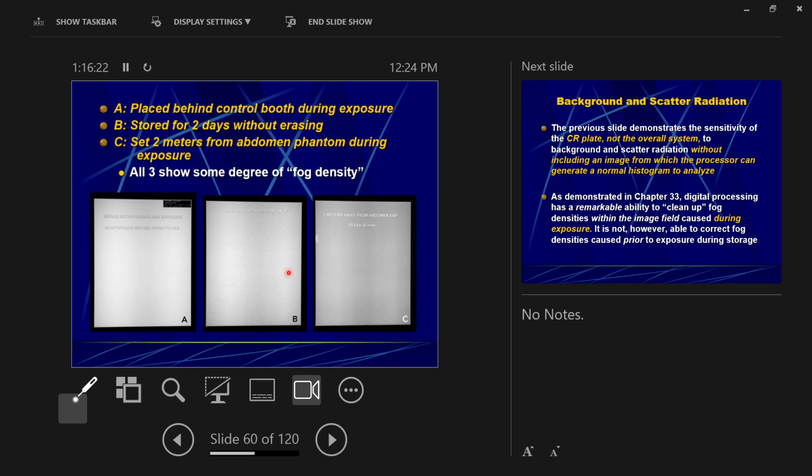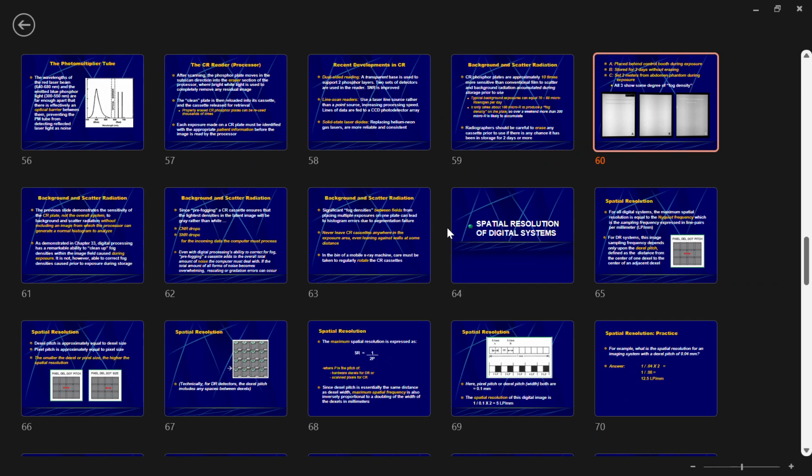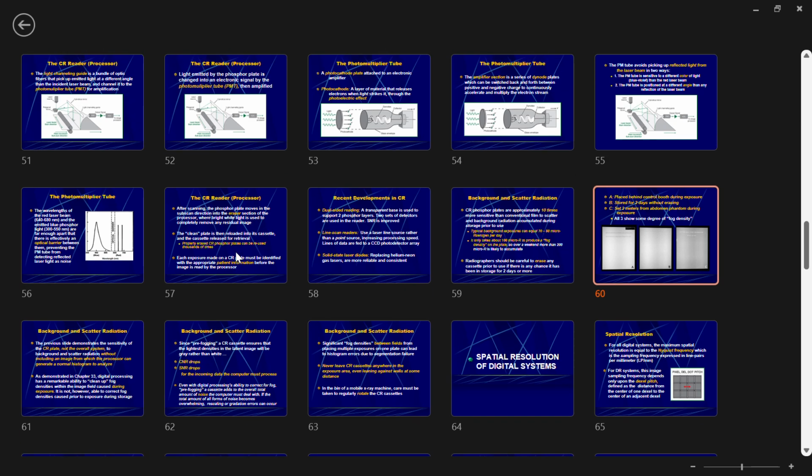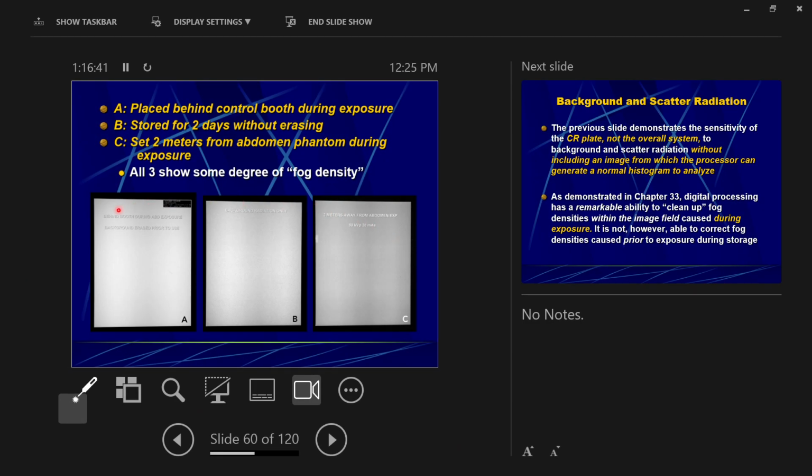All right. So this is supposed to show you that the plates are sensitive to the background radiation in the room, as well as scattered radiation in the x-ray suite on the other side of that lead barrier. So if your plates are stored over a couple of days, erase them before using them.